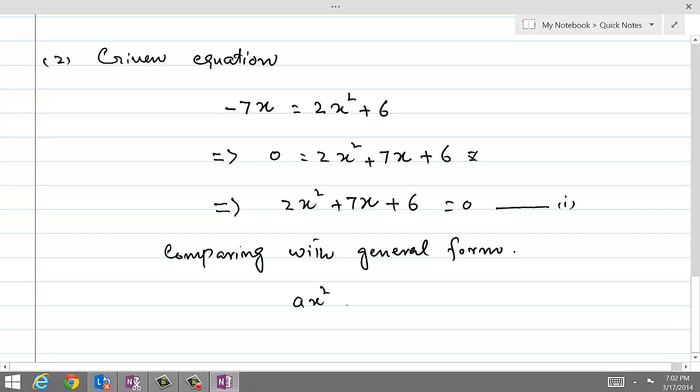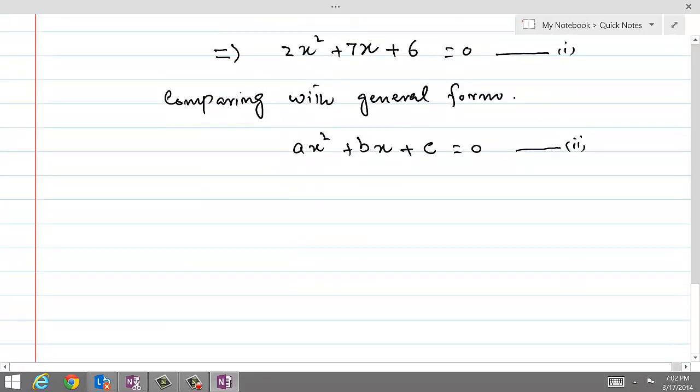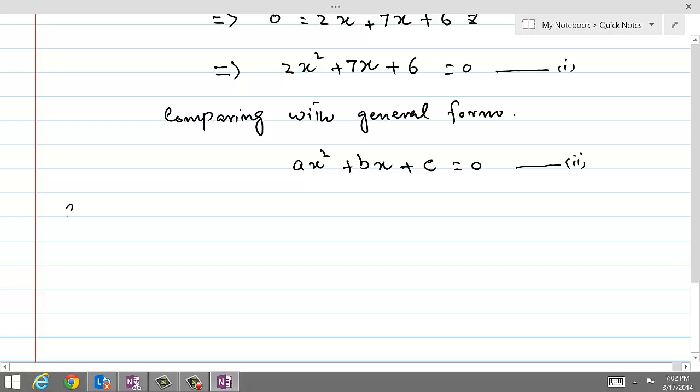These are ax square plus bx plus c equal to 0, and let's call this equation 2, and comparison will give us a equal to 2, b equal to 7, and c equal to 6.